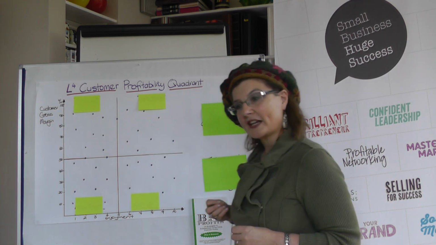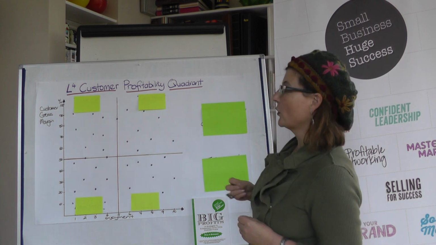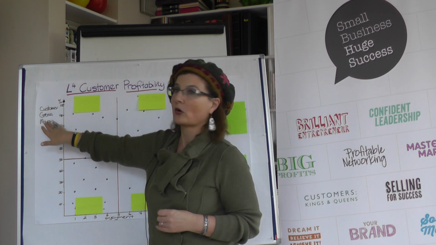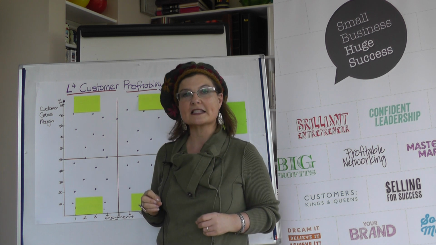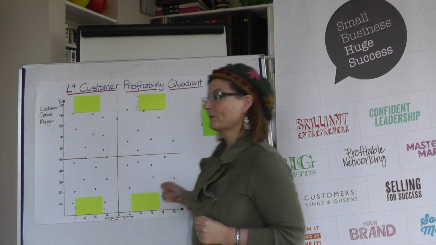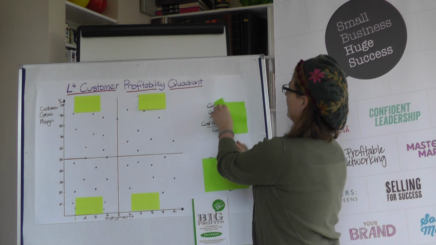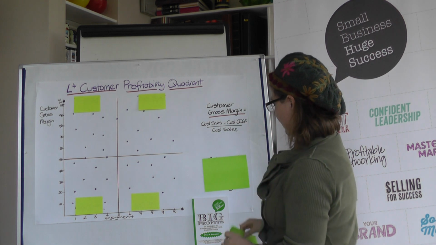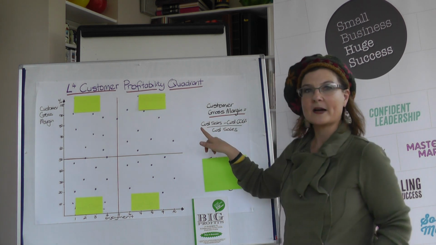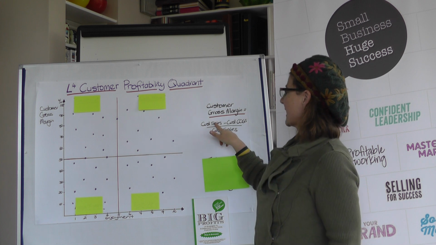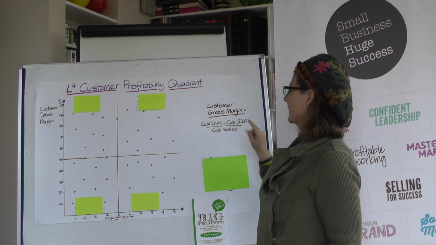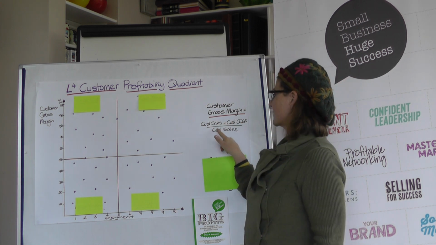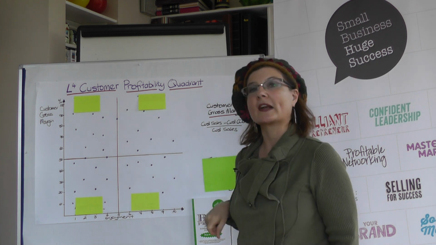So what I teach my customers to do is to work out the customer gross margin. So every single customer has a level of profitability. Let me show how you work that out. Customer gross margin is worked out by customer sales minus customer cost of goods sold over customer sales times 100.